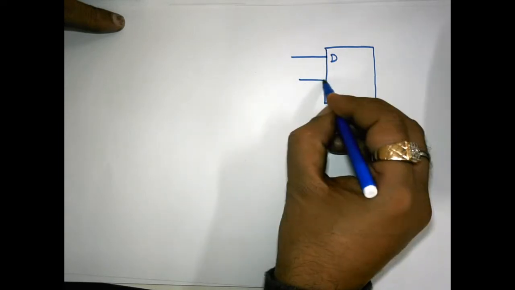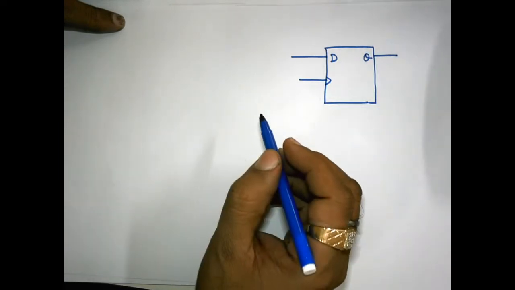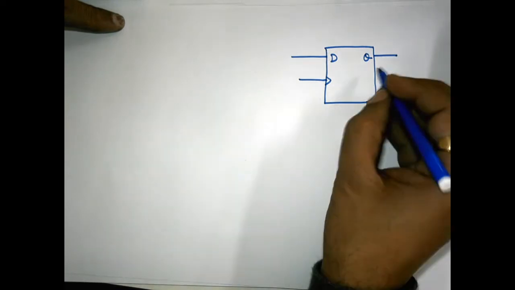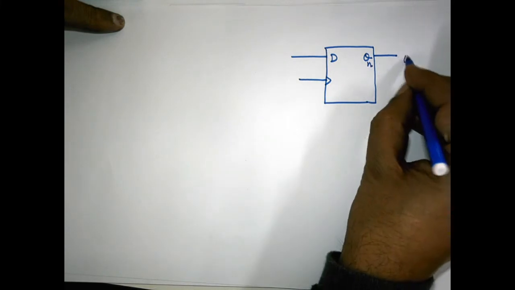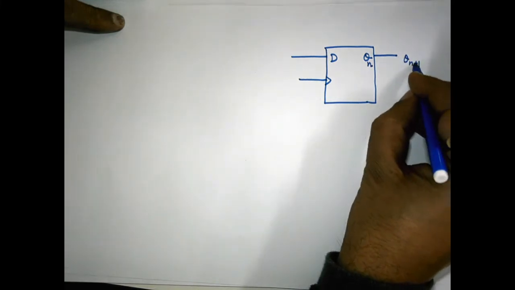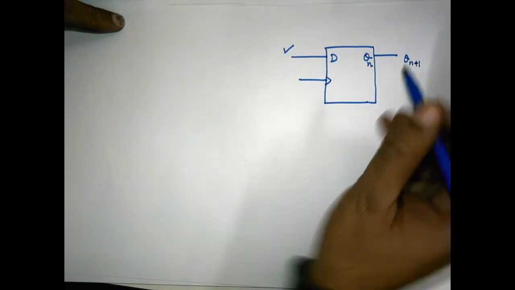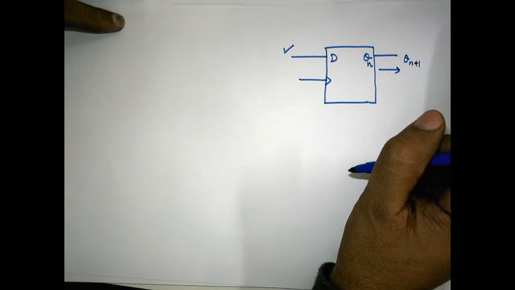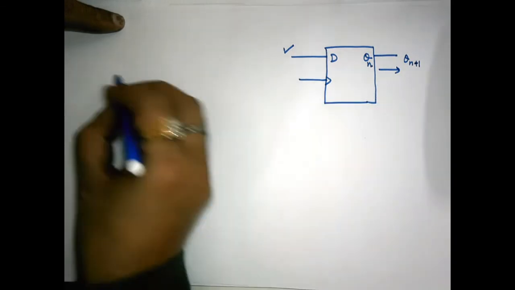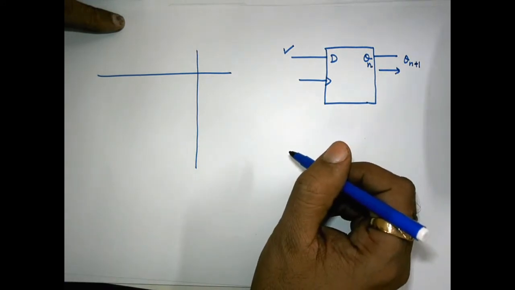Suppose we have this D latch, and when I say excitation table, I am interested in observing what input should be applied to make the desired transition from Qn to Qn plus 1, where Qn is the present state and Qn plus 1 is the next state.